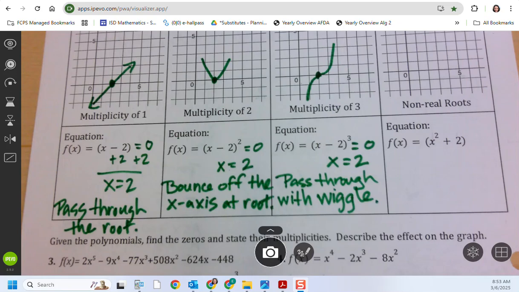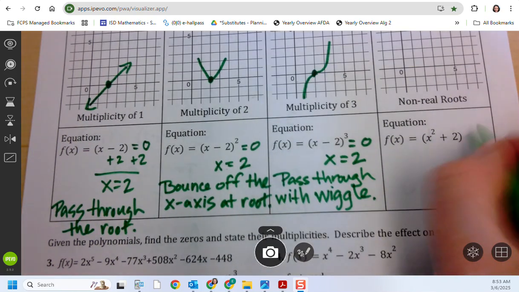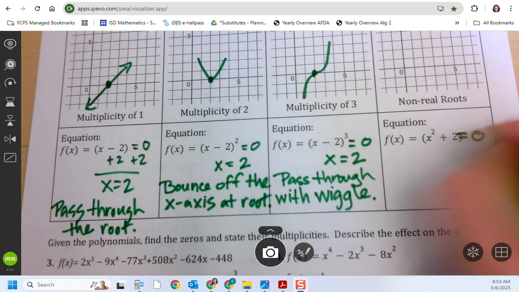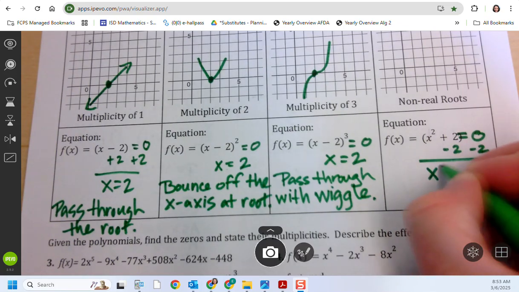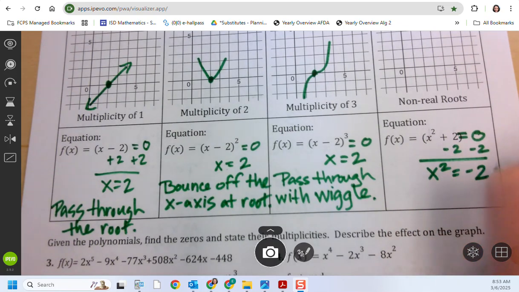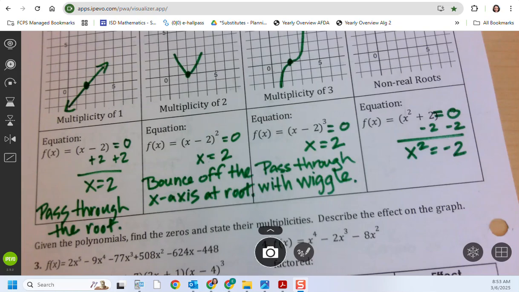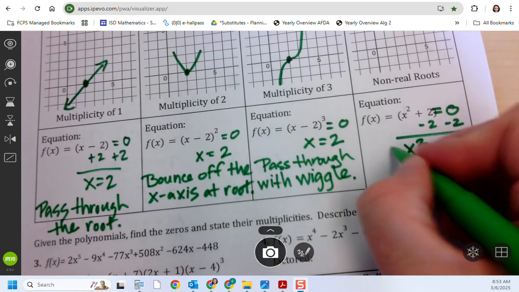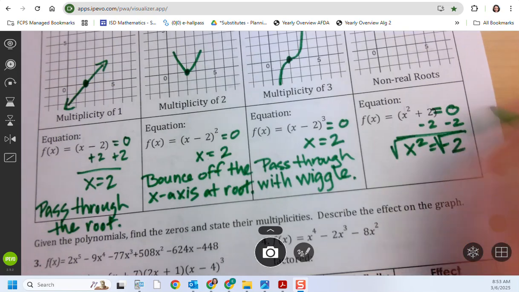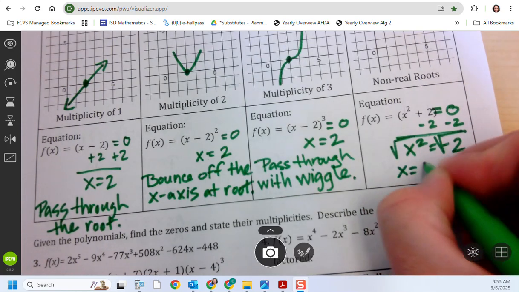All right, and then this one, the last one, actually it's not the whole factor that's squared. It's just that x that's squared. So if I set this last one equal to 0, look what happens. Subtract the 2. x squared equals negative 2. What kind of roots am I going to get? x equals plus or minus i root 2.